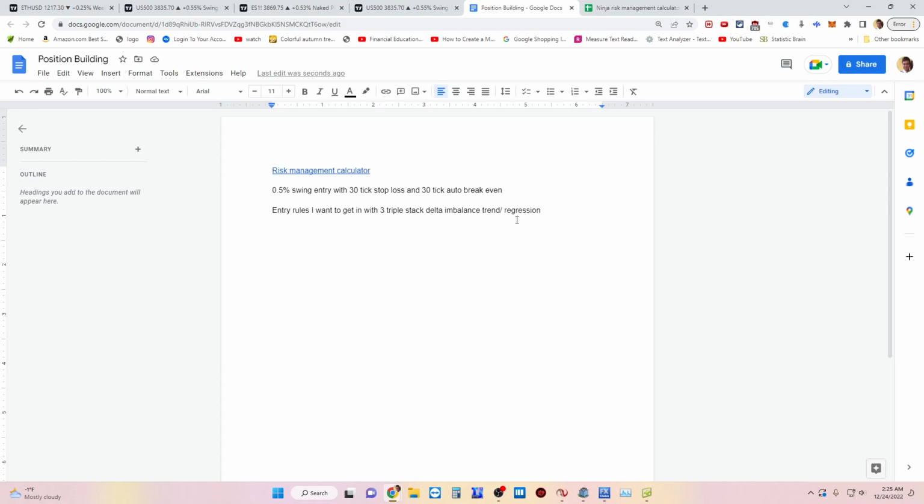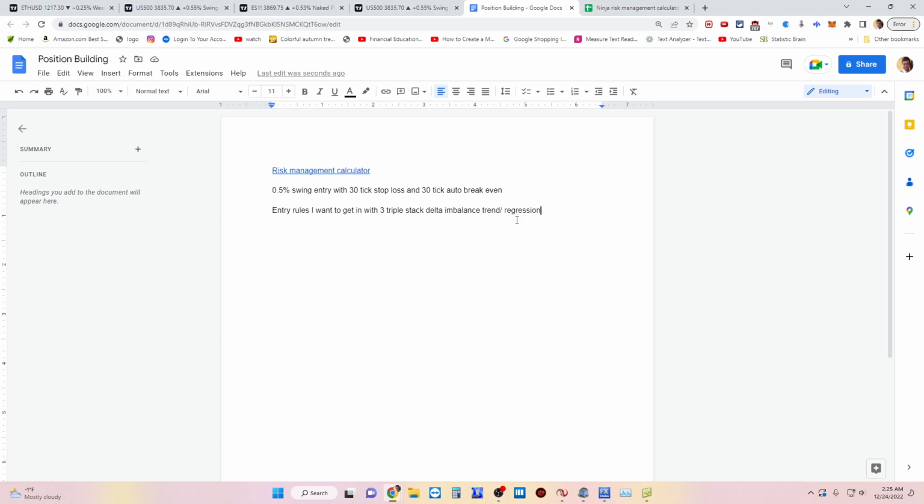And then if I happen to get another one and the trend bot gets me in second, then that's fine with me. And I just let it stick. I let it ride. But once those trades get in, it's really slow because it's a 30 tick auto break even. So it has to move pretty far before those move to break even.